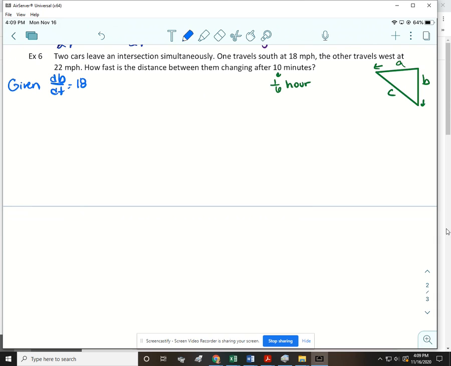Since that distance between the car and the intersection is getting larger, it's a positive rate of change. And then the west one is A, so dA/dt. Again, we're traveling away, the distance between them is getting larger. We're going to find dC/dt when t equals 1/6 of an hour.